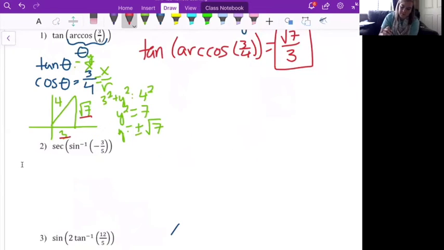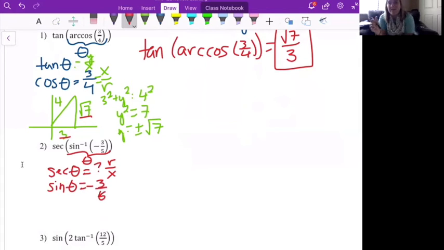Similarly, for this next one, and again, I always like writing it that this is theta. So we want to know what secant of theta is, remembering that secant is then going to be r over x. And then this tells us that sine of theta is equal to negative 3/5.